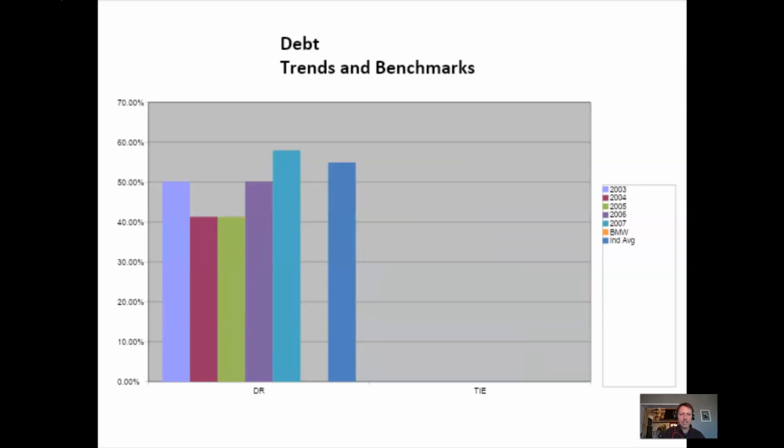And since you and I know the next stage of history, that we're about to enter a recession, that could be a big deal. Debt trends. This is looking at how much we've already borrowed. Our debt ratio looks at how much debt to sales we have, and you see that rising in terms of Harley Davidson, really non-existent for BMW, and we've even now risen above the average for the industry, which says part of the reason we're having difficulty with our liquidity is we've also taken on significant debt.